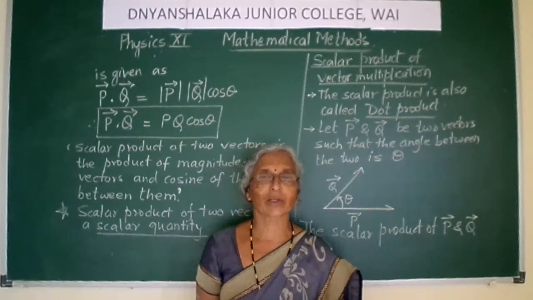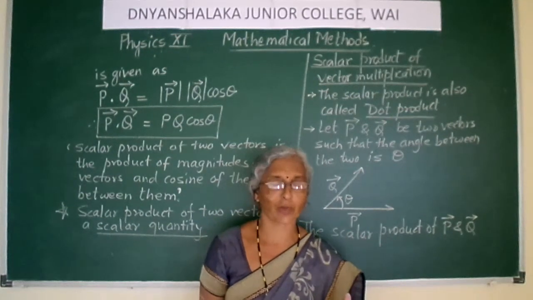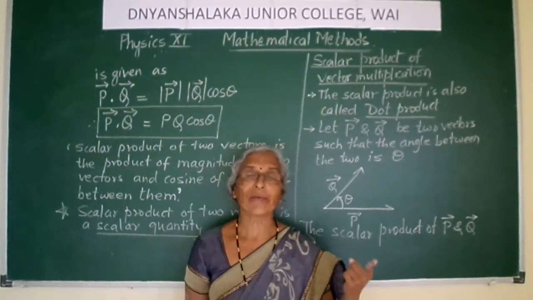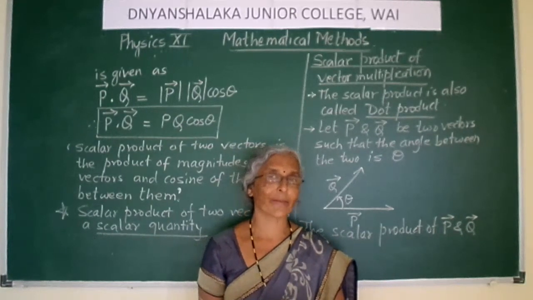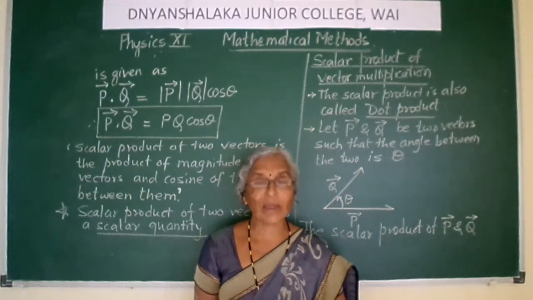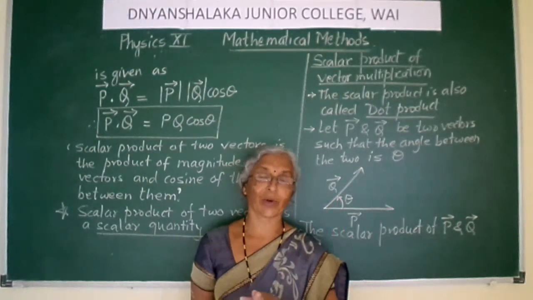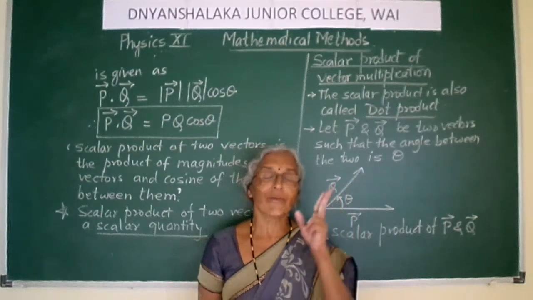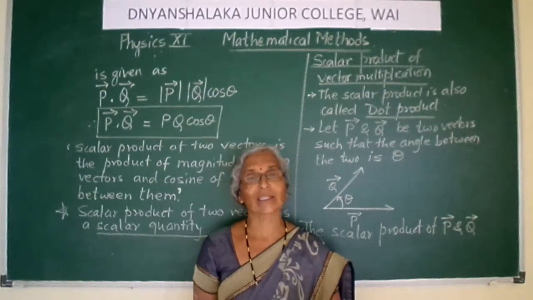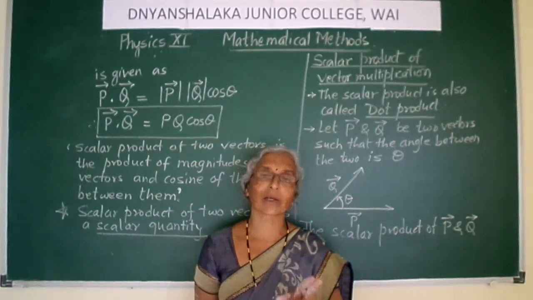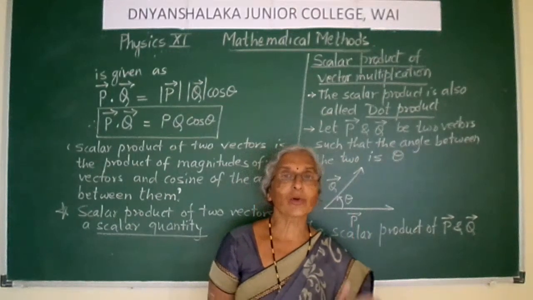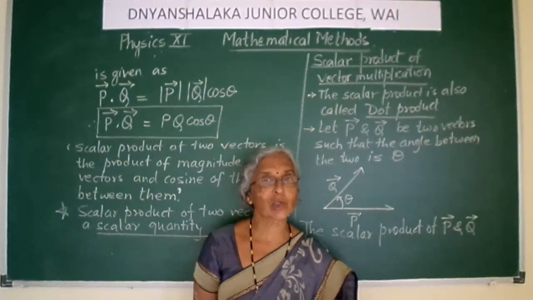So for two vectors P and Q having an angle theta between them, their scalar product will be given as vector P dot vector Q. How are you going to read it? Vector P dot vector Q. Or you can say dot product of vector P and Q equals PQ cos theta.